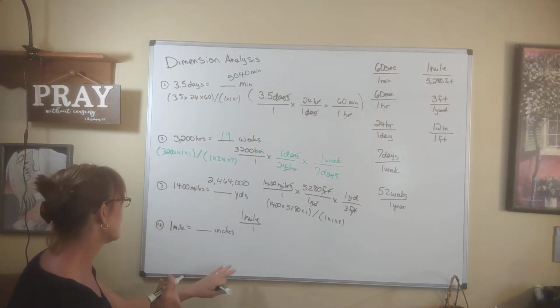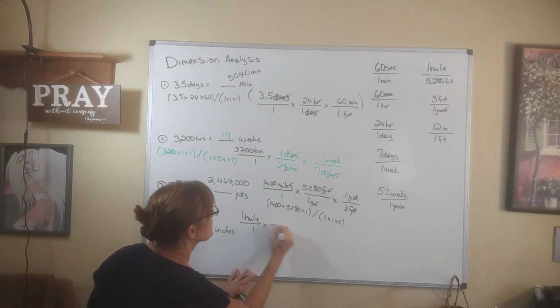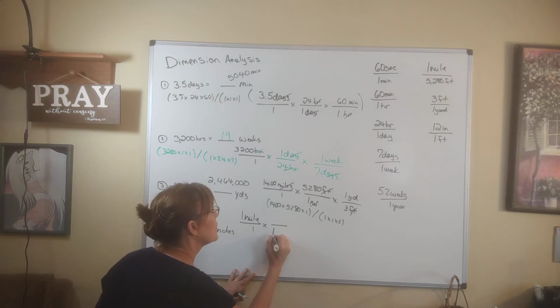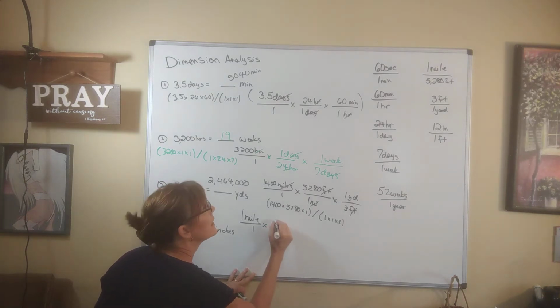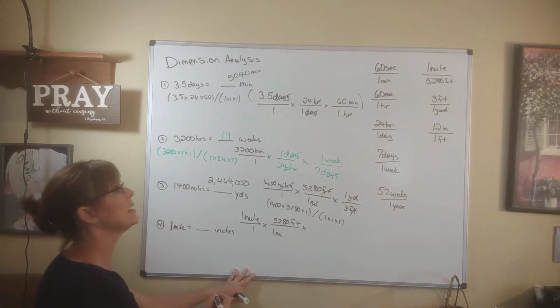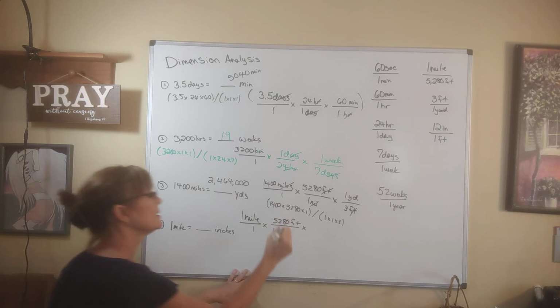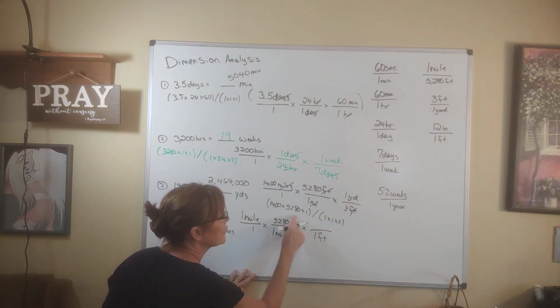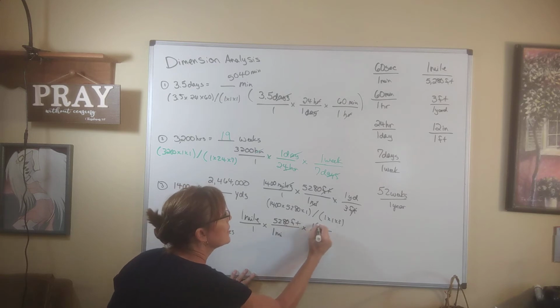Let's see. 1 mile times, I want to kill the mile, so I'll put the 1 mile down here is equal to 5,280 feet. Okay. And then I want to get to inches, and so I'll say 12 inches is equal to 1 foot. I'll put the 1 foot down here because I want to get rid of it and say 12 inches.